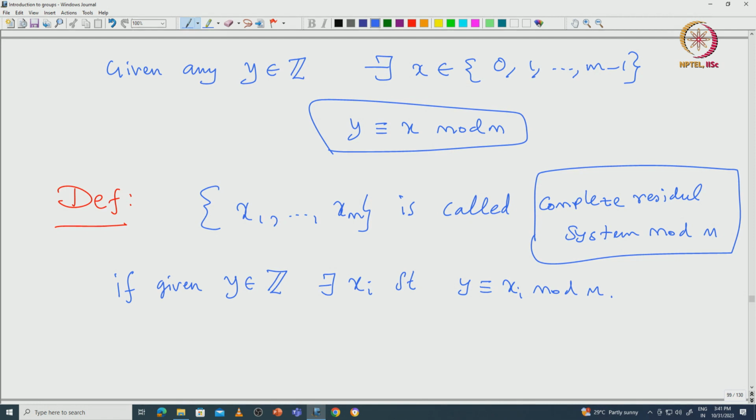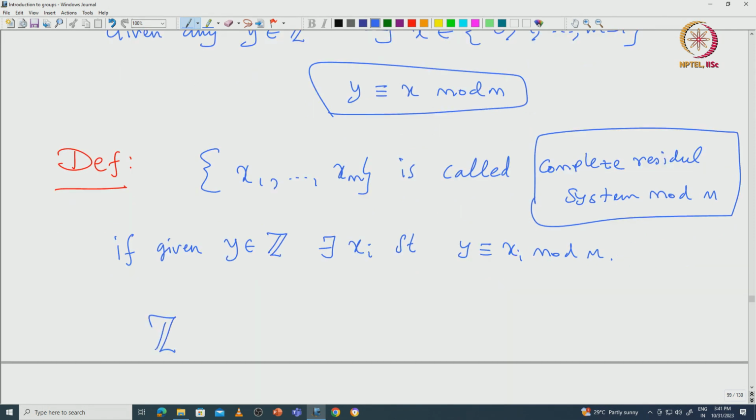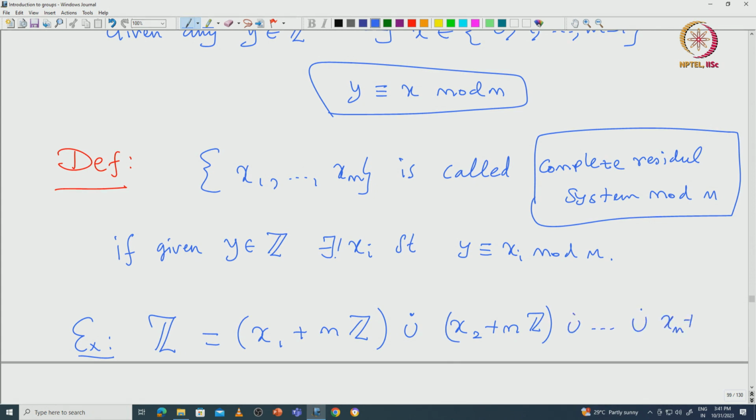More theoretically, this is an exercise: Z can be written as x1 plus mZ, and this is exactly one, so it is unique. So this becomes the disjoint union of x2 plus mZ, etc., union xm plus mZ.